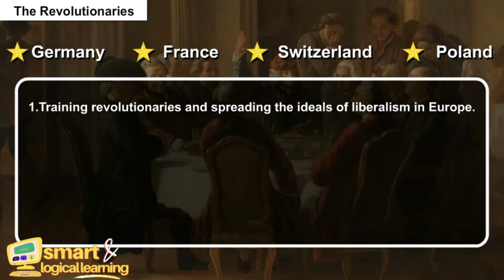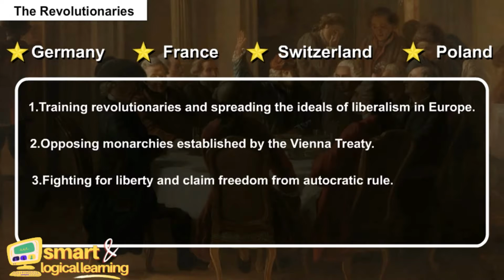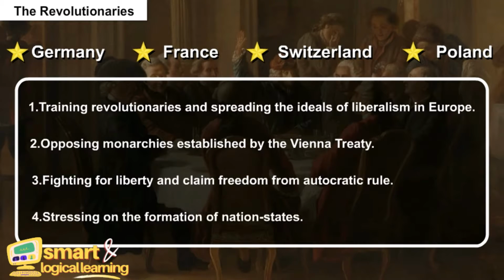Training revolutionaries and spreading the ideals of liberalism in Europe. 2. Opposing monarchies established by the Vienna Treaty. 3. Fighting for liberty and claiming freedom from autocratic rule. 4. Stressing the formation of nation-states.